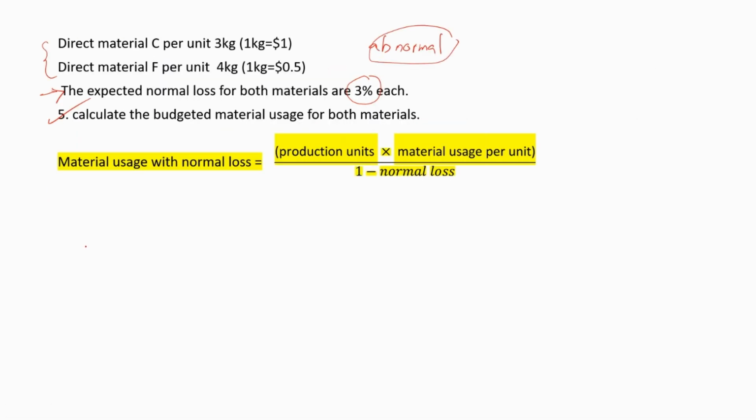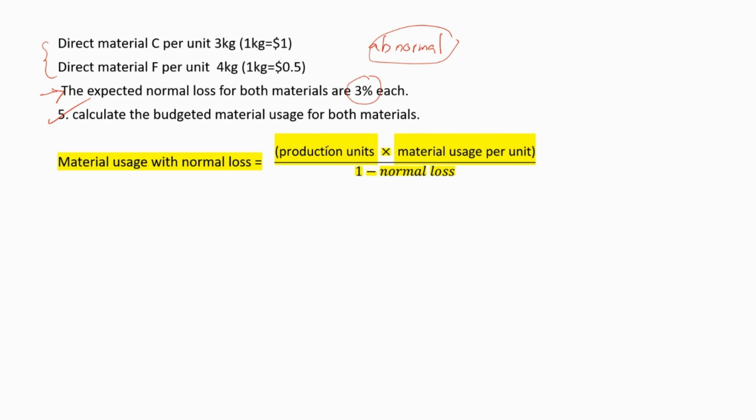But here they are expecting 3% of wastage, meaning of 100 kilograms of material being used in the production, 3 kilograms will be a waste. The other 97 kilograms will contribute to the production. So now we have to calculate the material usage with normal loss, which means management accountants are expecting this amount of loss.